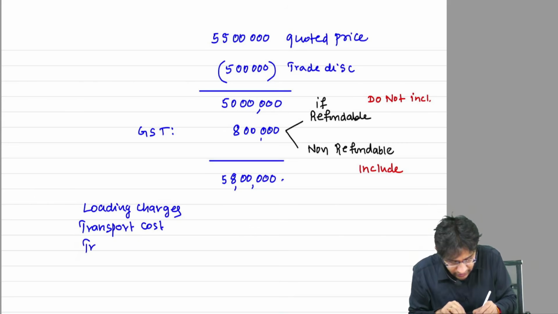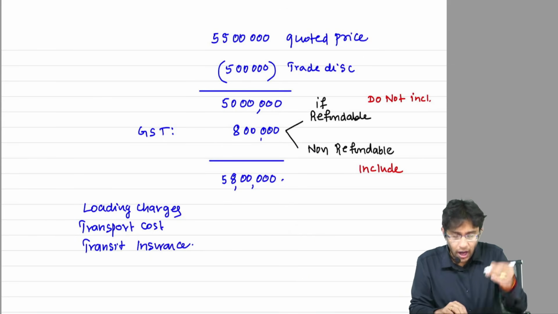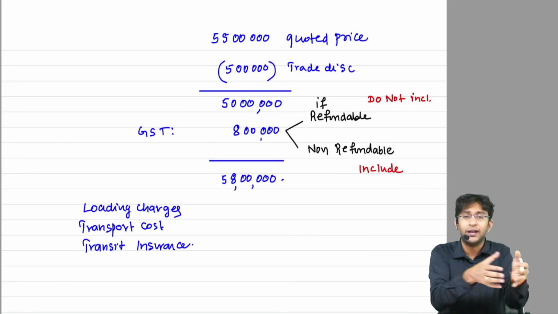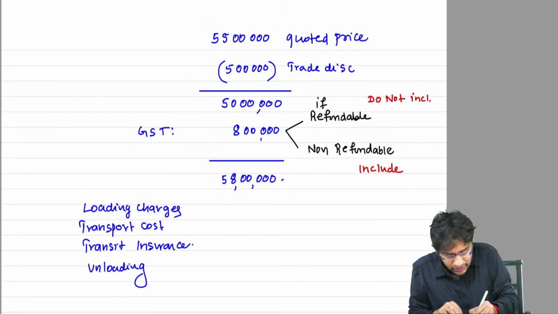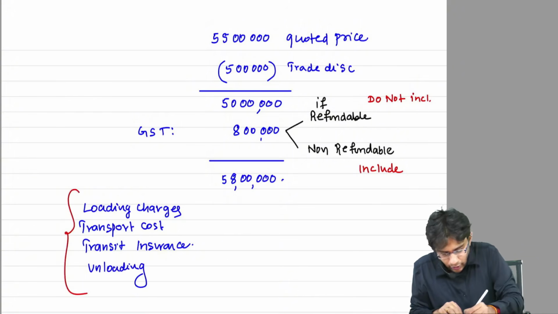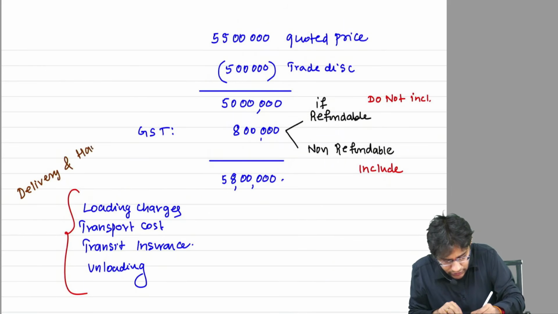So I am taking transit insurance also. Then after the vehicle reaches our location, I have to unload it. All this in general reality we call delivery and handling charges.